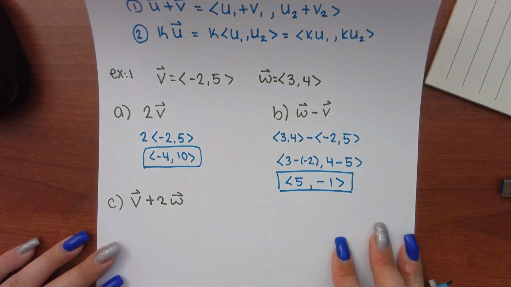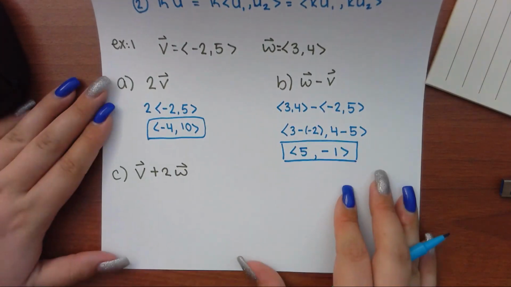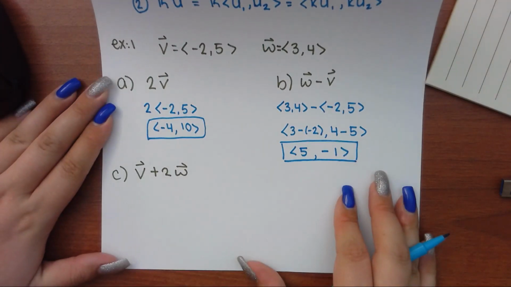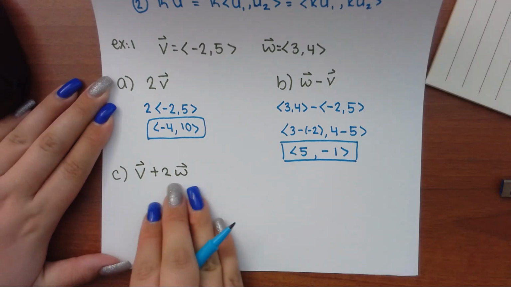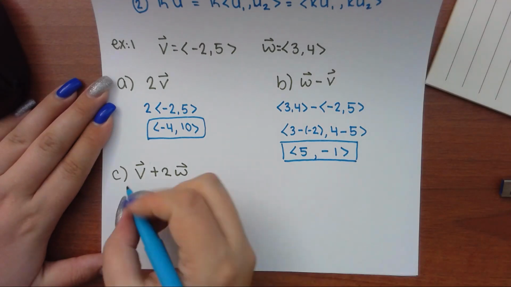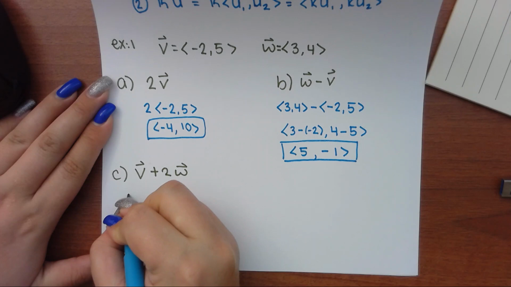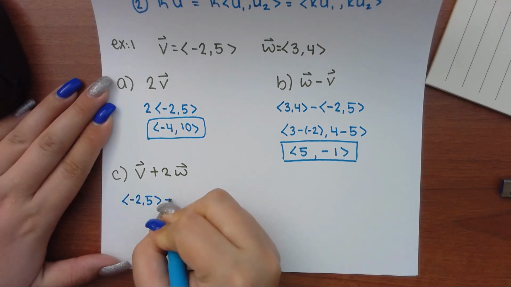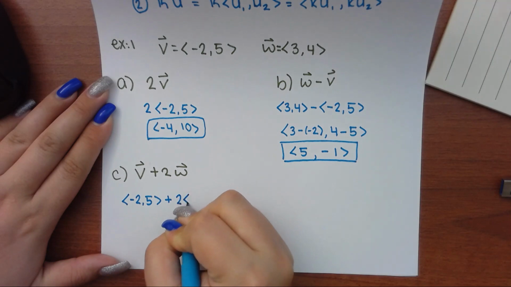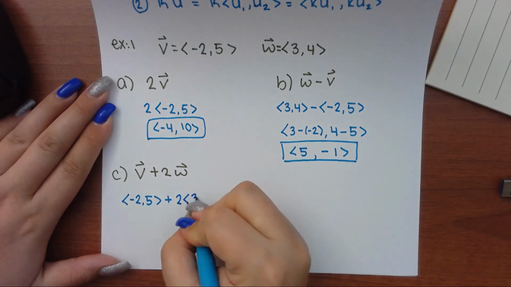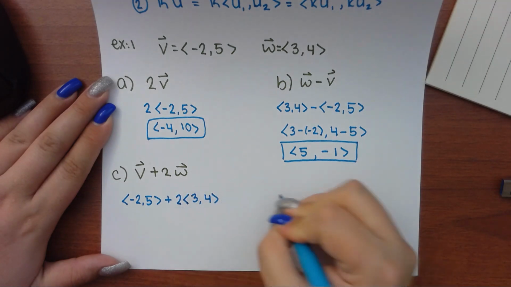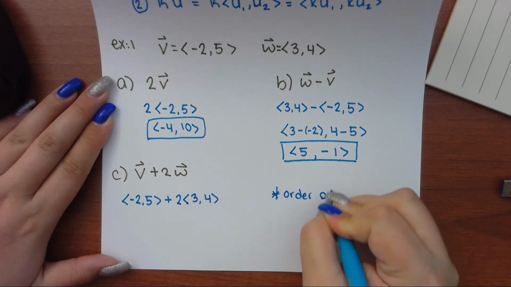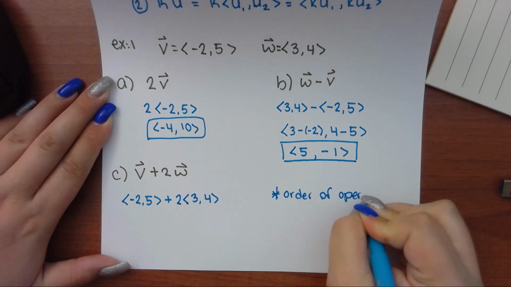For this one anyway. The next one down here, if we move down just a little bit, I have v plus 2w. Now v plus 2w would be taking vector v, which is negative 2, 5, and w, but multiplying w first by 2. Remember that order of operations applies.